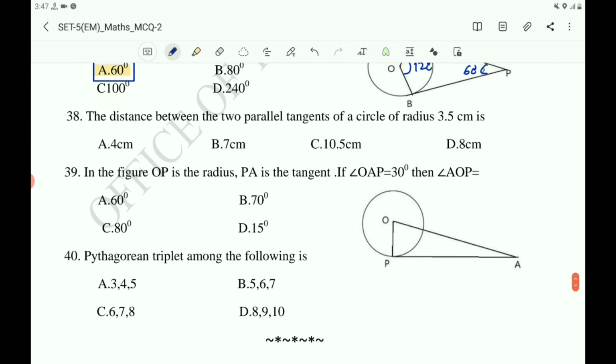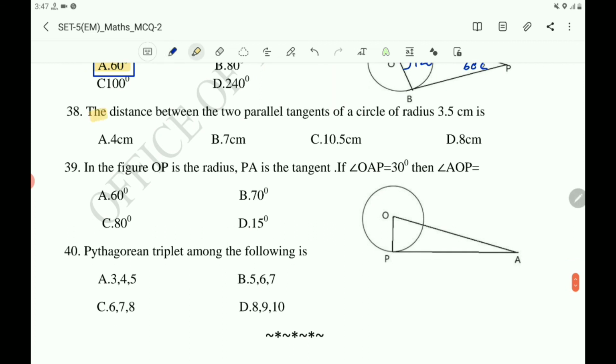Next you take question number 38. The distance between the two parallel tangents of a circle of radius 3.5 centimeter. Directly you can say that it is double the radius, that is equal to the length of the diameter. Consider a rough sketch, this is the center, and this is the diameter.